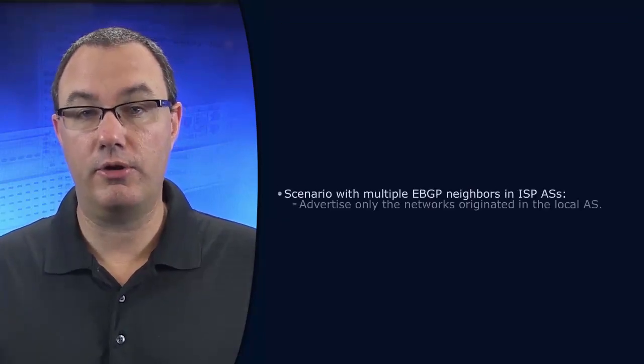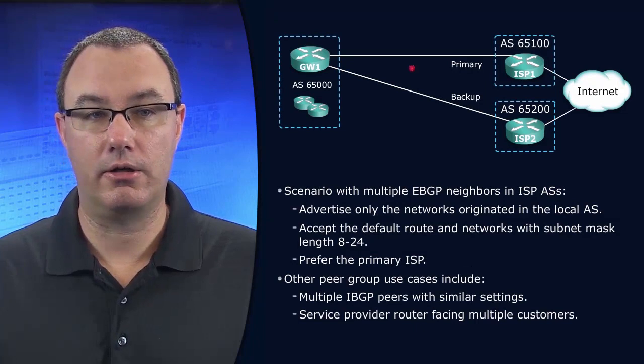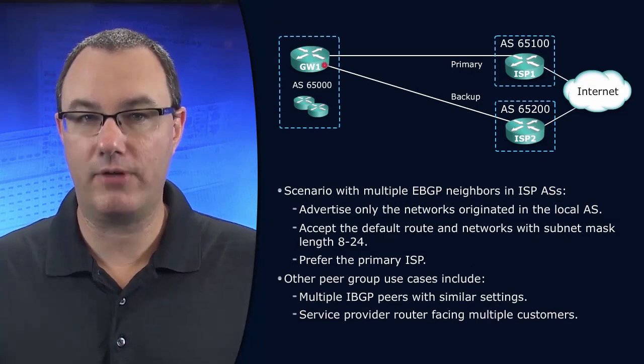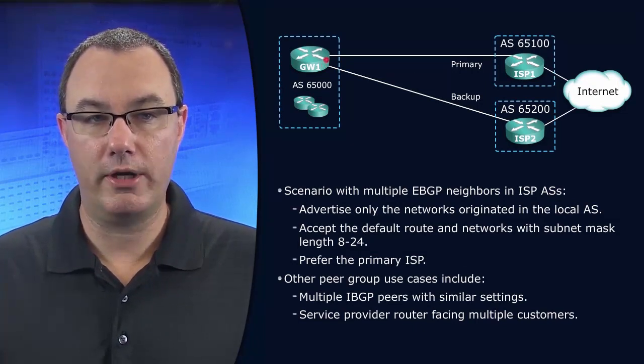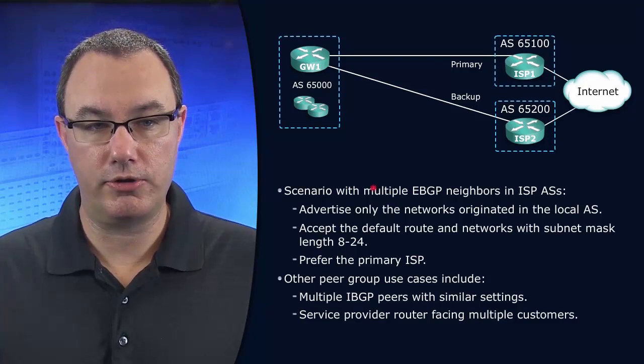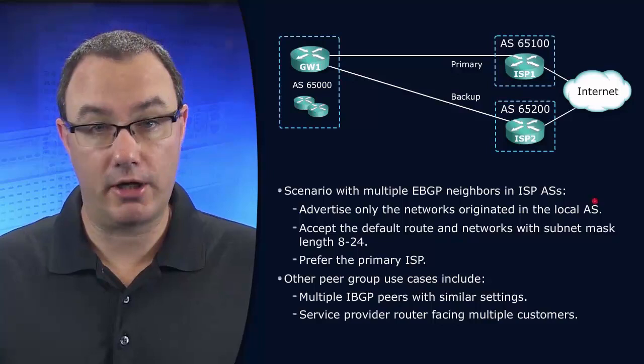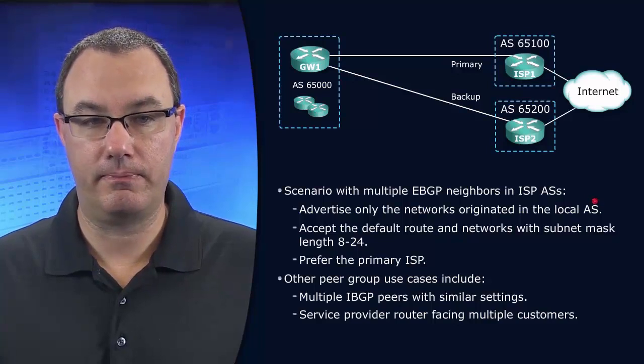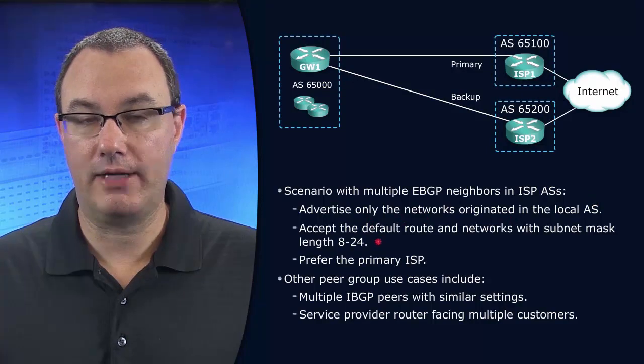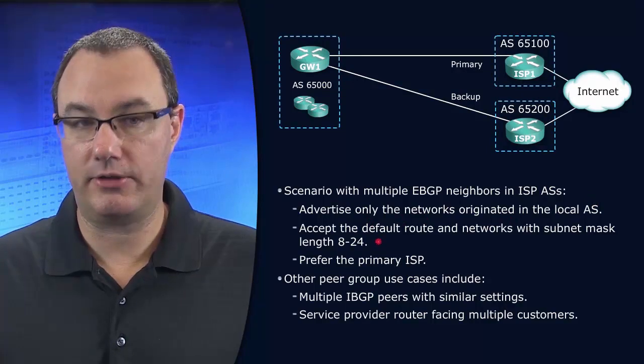And so if we look back to our scenario, I think we've gotten the job done. We are Gateway 1. We wanted to advertise only networks originated by the local AS. We accomplished that with the AS path list. Accept the default route and networks with a subnet mask of 8 through 24. We got that done as well.